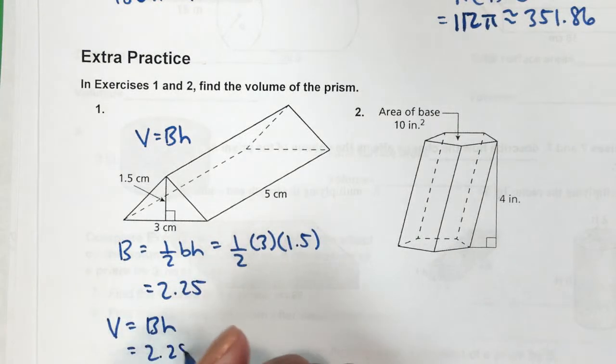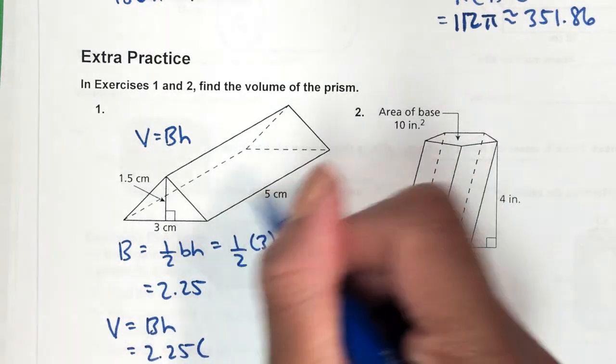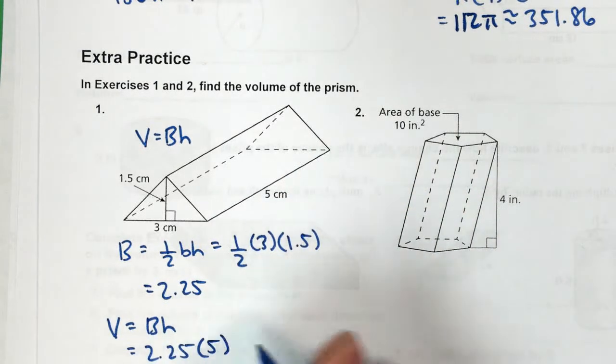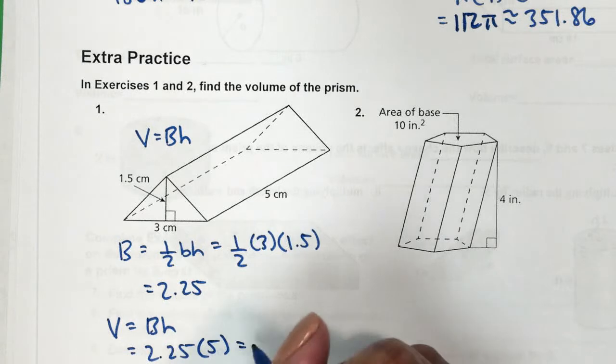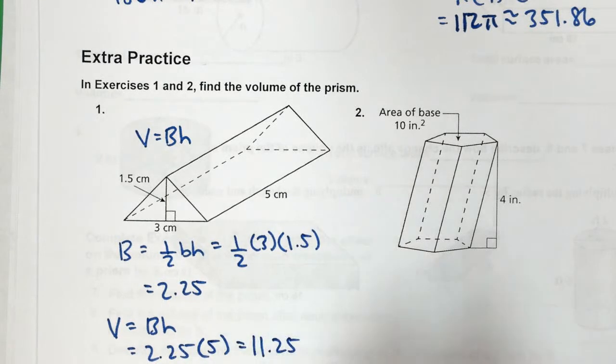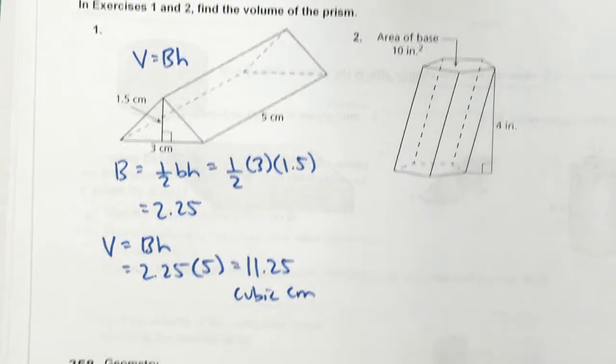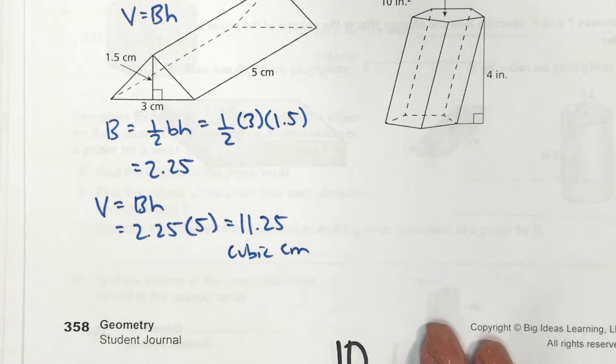So 2.25 times the height, in this case, is 5. And so 2.25 times 5 is going to give me 11.25 cubic centimeters. So there is number 1.